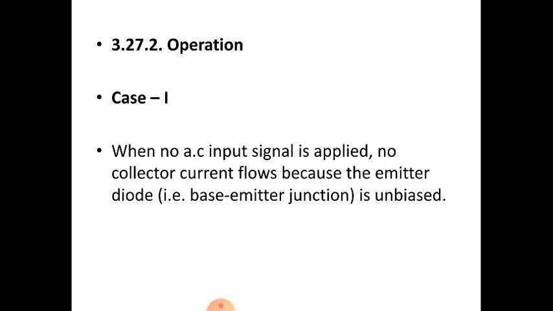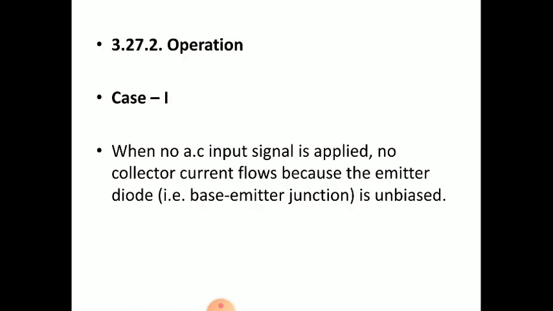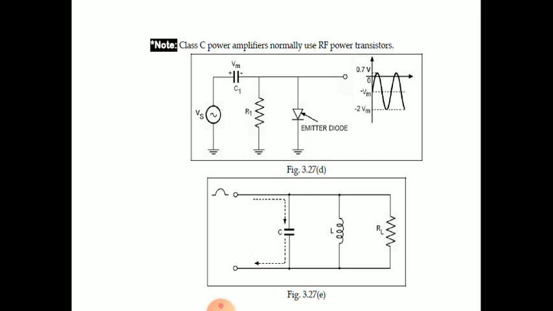In the operation, case 1, when no AC input signal is applied, no collector current flows because the emitter diode, the base emitter junction, is unbiased. As we know, when an AC signal is applied, clamping action takes place as shown in the figure. What do we mean by a clamp circuit?